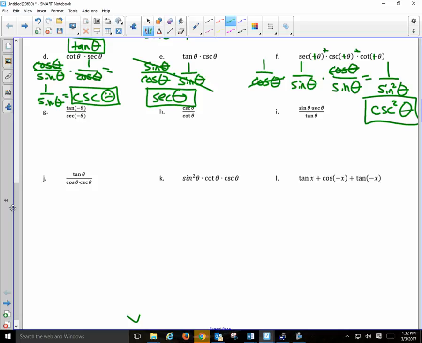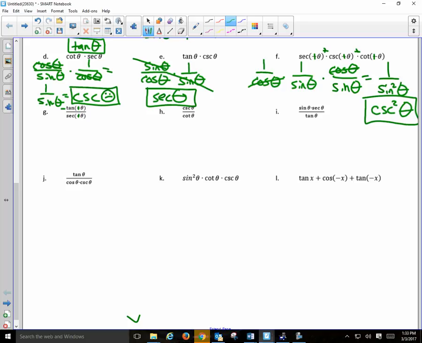Let's try G. Tangent of negative theta over secant negative theta. What does secant of negative theta go to? Positive. Tangent, the negative moves out front. So I'm going to rewrite this. How do you rewrite tangent? Since it's negative, it's got to be either negative sine over cosine or sine over negative cosine. You can't make them both negative, right?